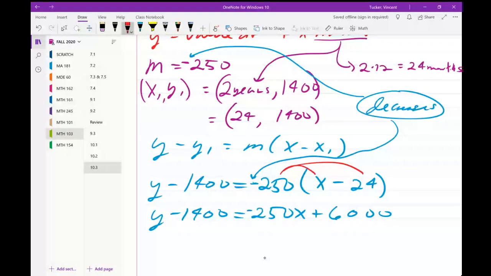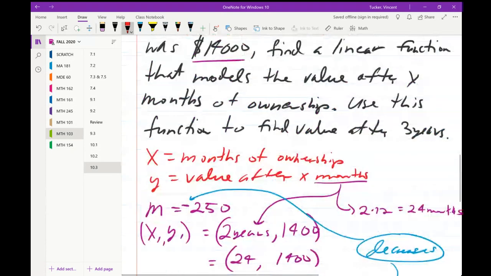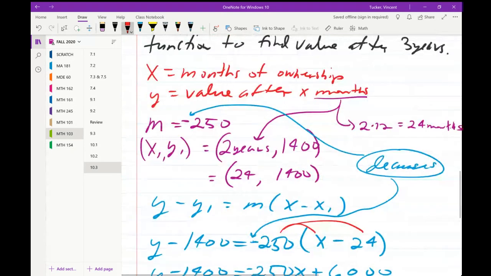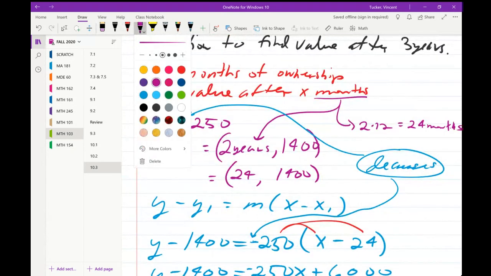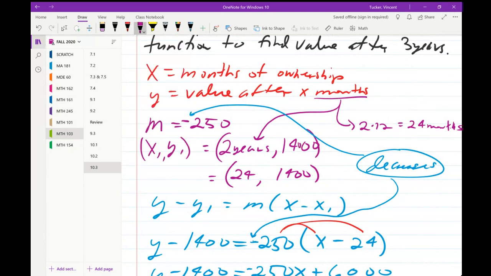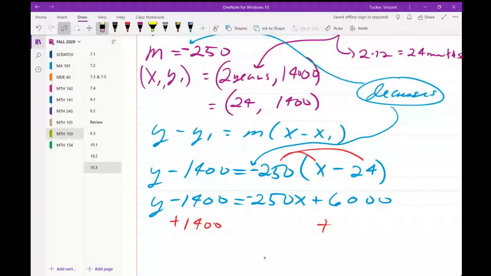All right. So now, when I add 1400, and I messed up again. I left off that zero. I'm gonna get it right. It's still 8 o'clock in the morning. All right. So that should be 14,000. I left off that zero.